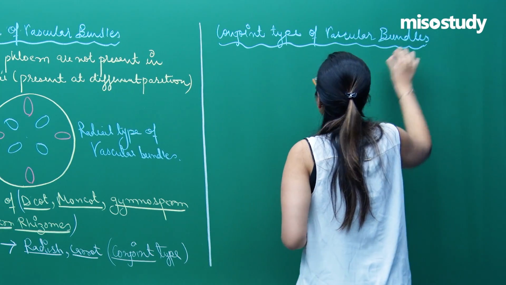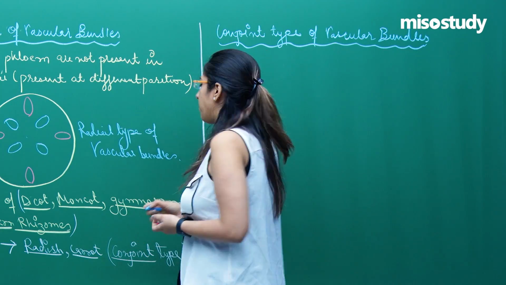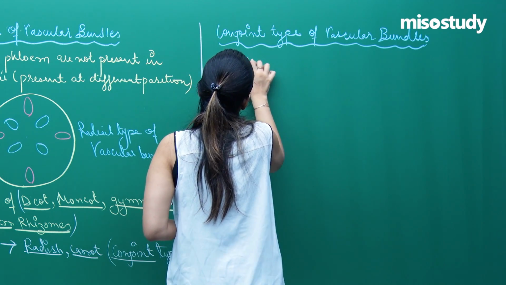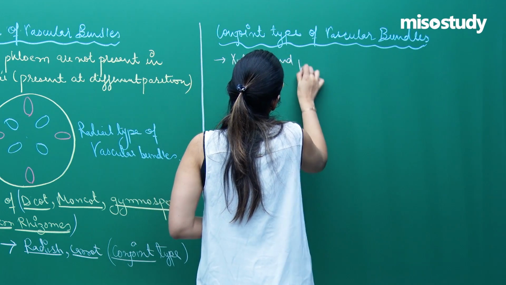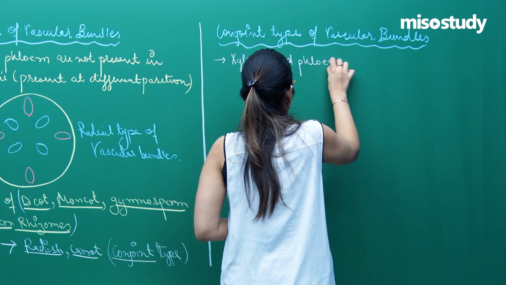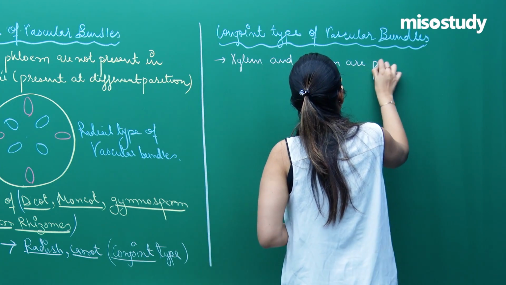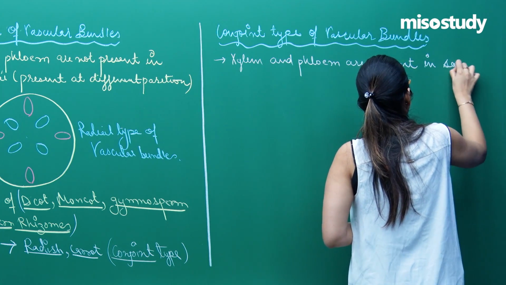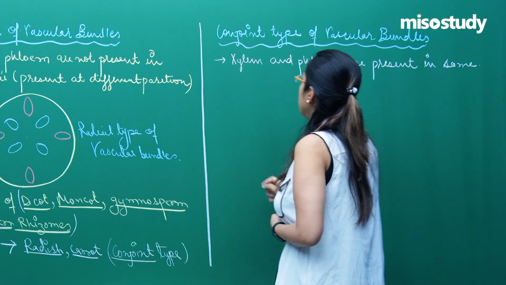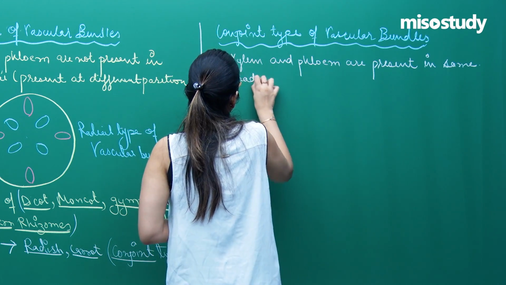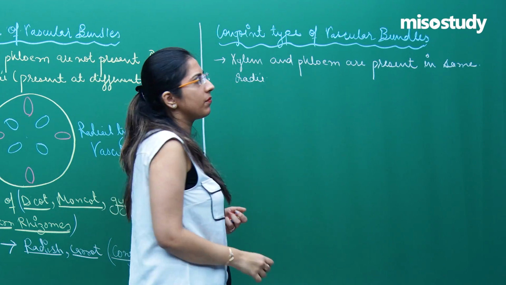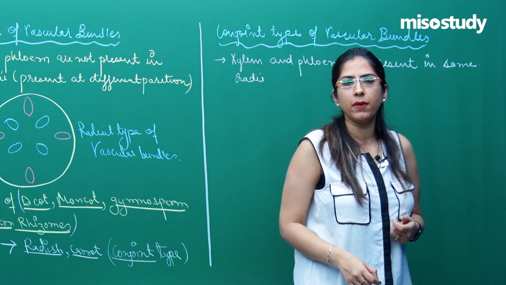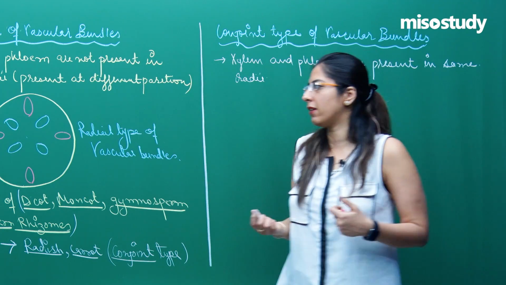Conjoint type of vascular bundles. Now, what is the conjoint type? That means xylem and phloem are present in the same radii. This conjoint type is further divided into two types, the collateral type and the bicollateral type.